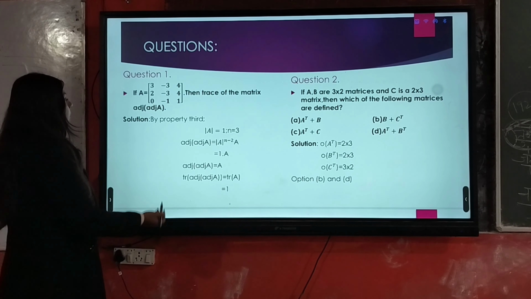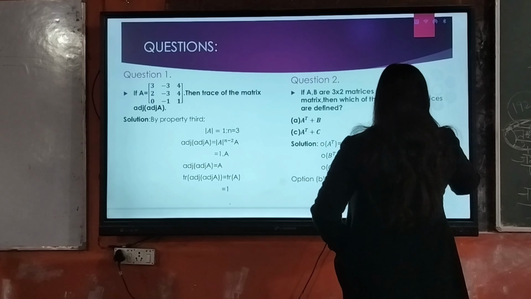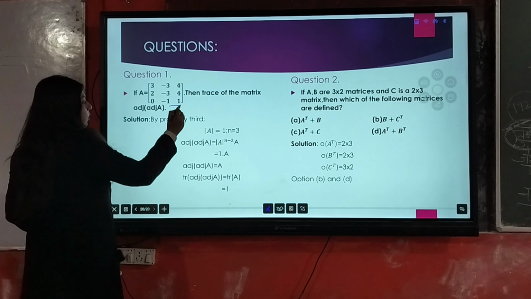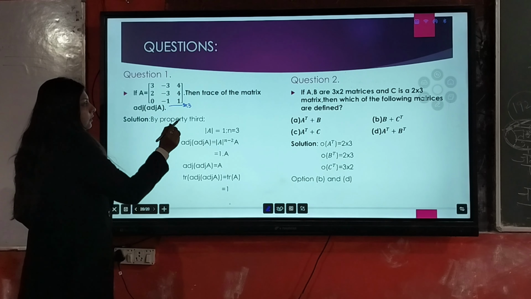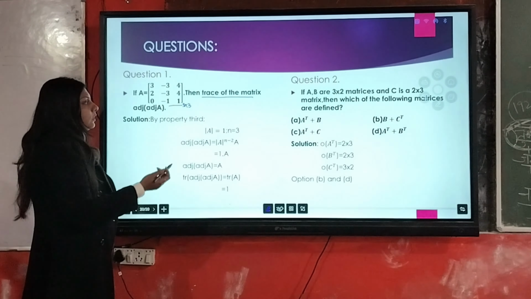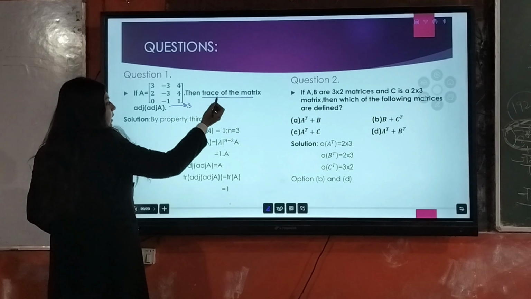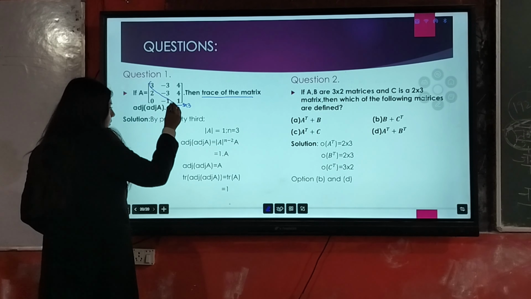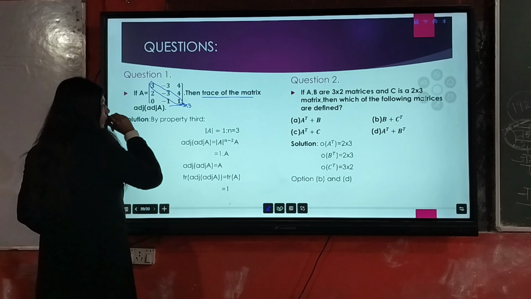Now, here we are taking one 3 cross 3 order matrix. First of all, we have to notice this. Then the next term is the trace of the matrix. Sorry, I have not mentioned the definition of trace, but now I am telling you. Trace of the matrix is the sum of the diagonal entries. These are the diagonal entries of this particular matrix.